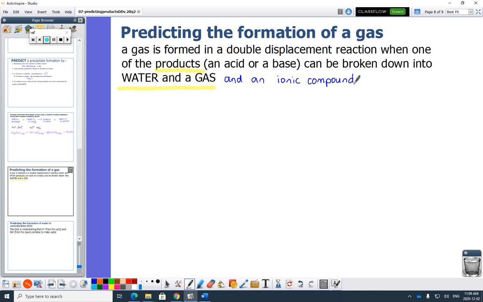Okay, so let's do. I'm going to write hydrogen chloride instead of hydrochloric acid so that it's a little bit more obvious what the ions are, but it doesn't matter.